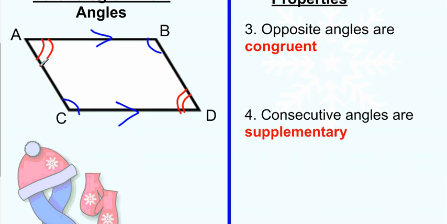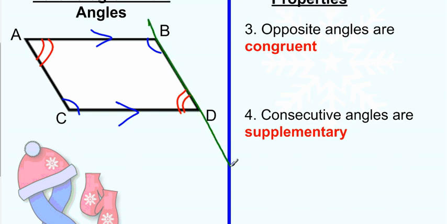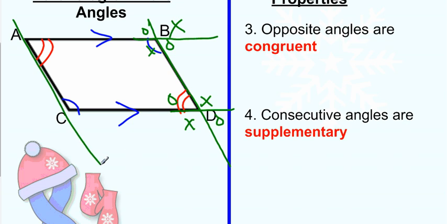Consecutive angles are going to be supplementary, which also goes back to the fact that they're parallel lines. If I was to extend line BD there, right, and then extend the ends, if we did our X's and O's, notice that we have an X and an O there. We can do the same thing on this side. Notice that the opposite angles were both congruent, okay?